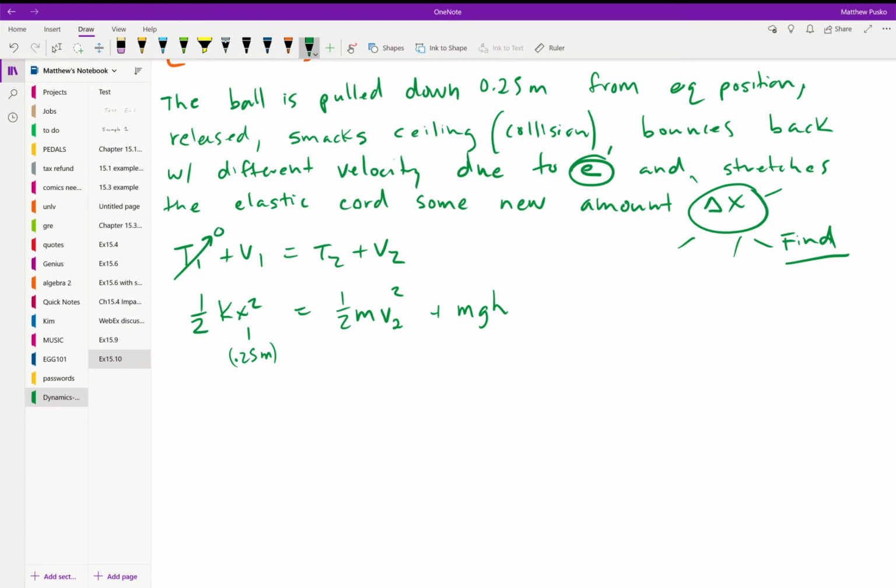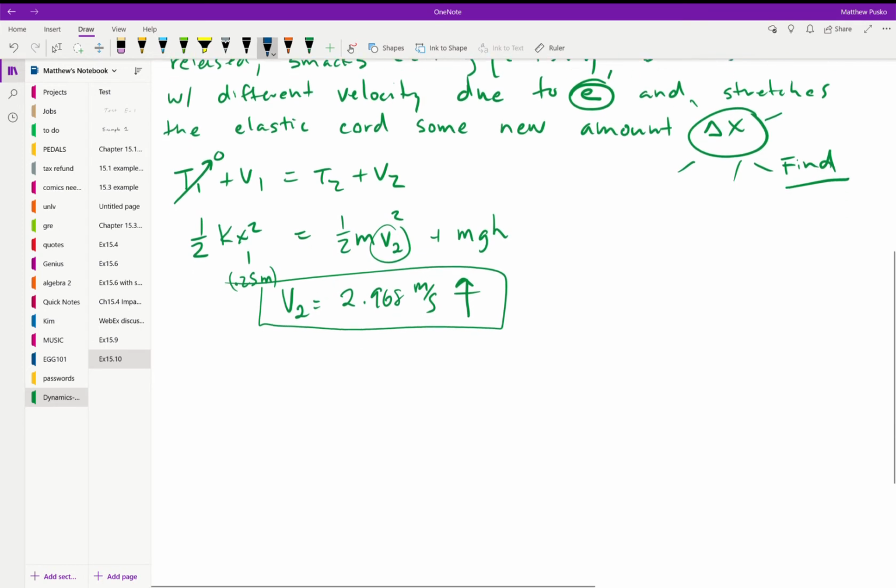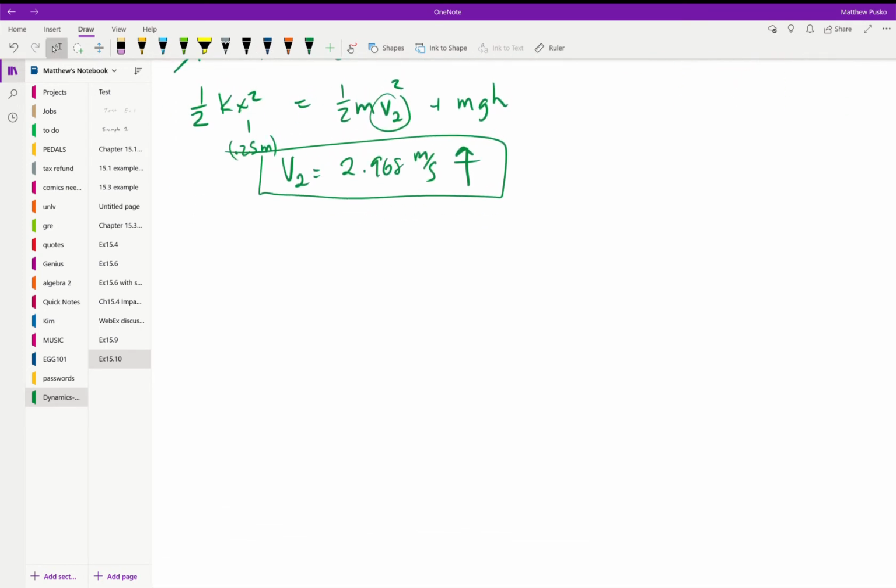Well, we know everything actually, right? Yep, we can solve this for V2. V2 ends up being 2.968 meters per second, and that's right before it smacks the ceiling. Okay, hold on to that number, and the next thing we need to do is figure out how fast it leaves.